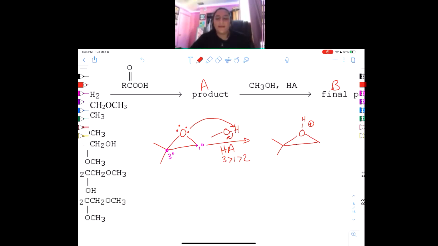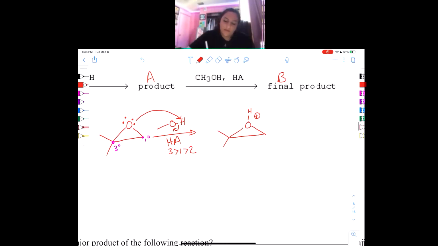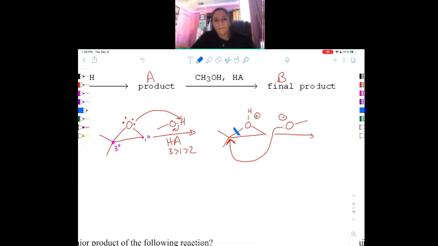And the reason we do that is because we make it a better leaving group, aka it's easier to attack and break the ring. So now we are left with O-, which will come in and attack the tertiary side. So if we attack the tertiary side, we are going to break this bond right here. And we're going to kick that open.